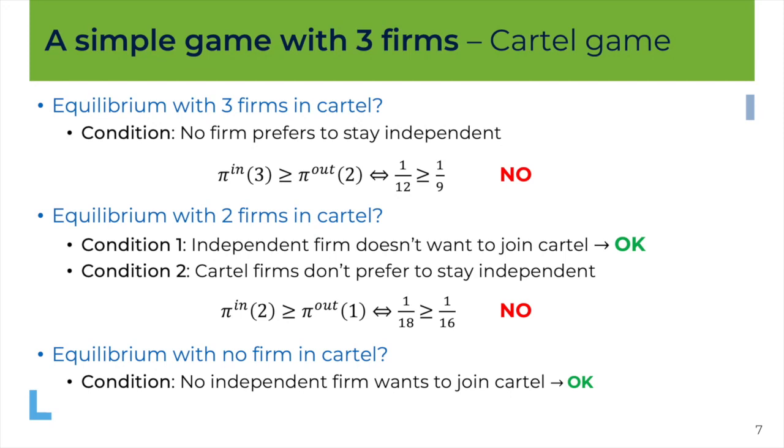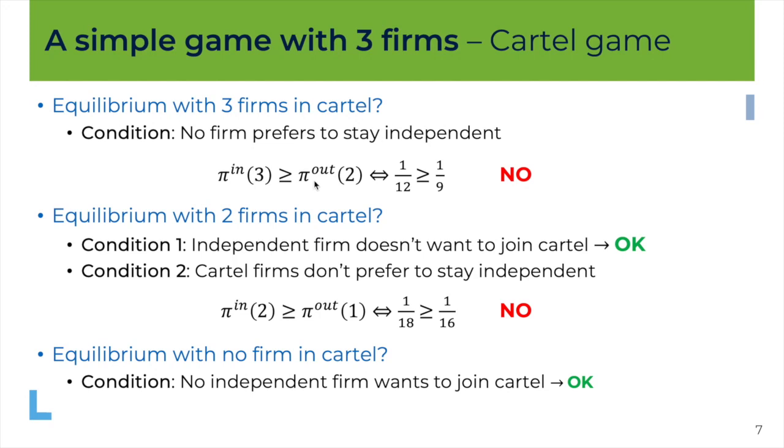Which means, do I want to be in the cartel with these other two firms, in which case I'll have the profit of being in a cartel with three firms because I will be with the other two? Or do I prefer to stay out, to remain independent? In that case, I've got the profit of being out, and I'm not in the cartel, so there are only two firms in the cartel. Okay, so I repeat, the question is, do I want to be in or out? If I'm in, there will be three firms in the cartel, because I suppose that the other two are there.